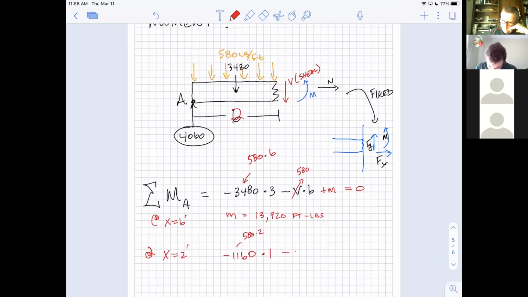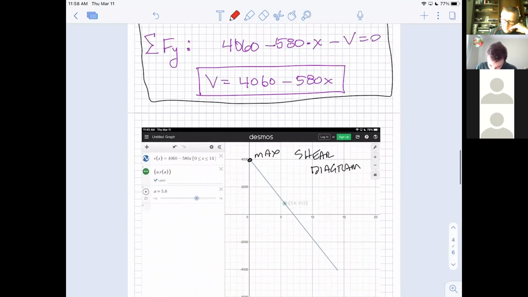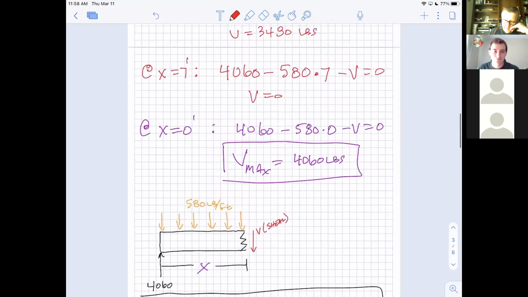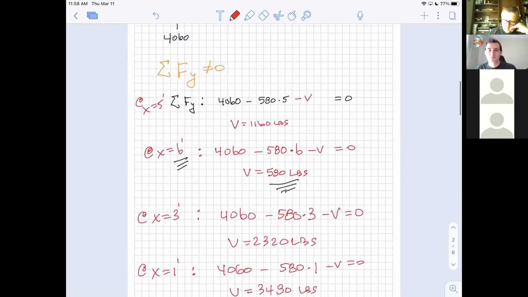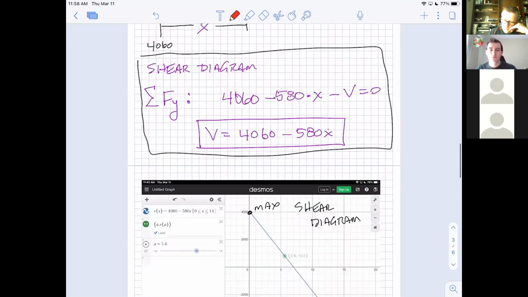Minus V times 2 plus M equals 0. But what's the shear at a distance of 2? Well, I think we calculated that earlier. No, we didn't. So let's just use this formula. If I put 2 in here, won't that tell me the shear?